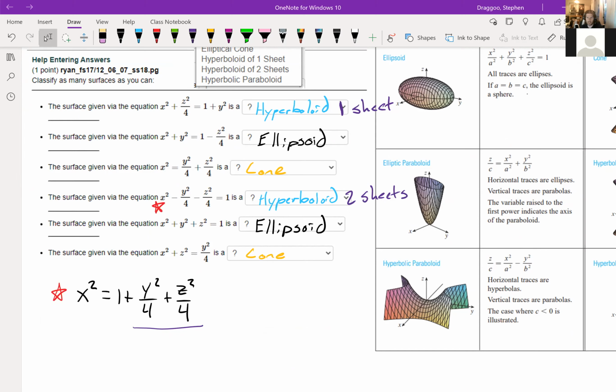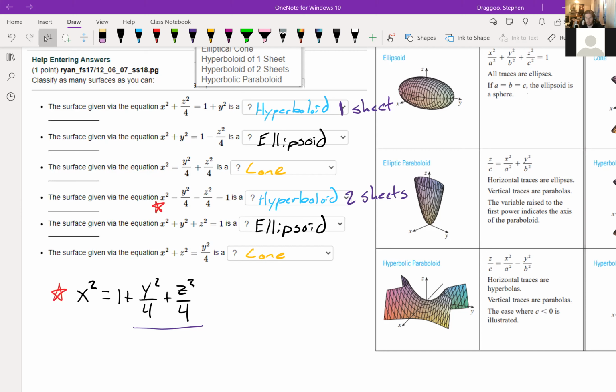Because it's always going to be the term that's by itself. So in the third equation, it's x that's by itself. In the sixth equation, it's y that's by itself. That lonesome term is the one that's going to tell us which axis the cone expands on.